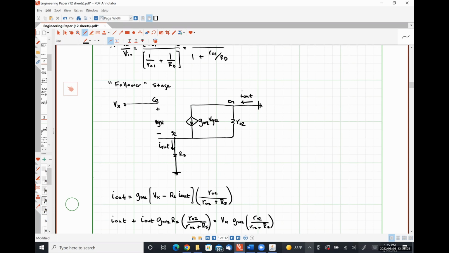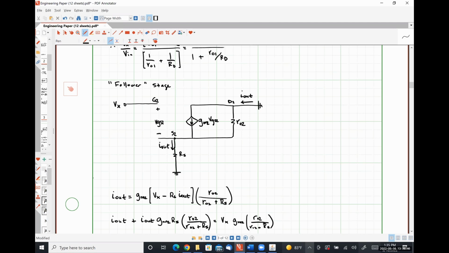It's not a common source amplifier though, because for a common source amplifier, we would see a resistance between the drain and ground, and instead we had a short circuit there.